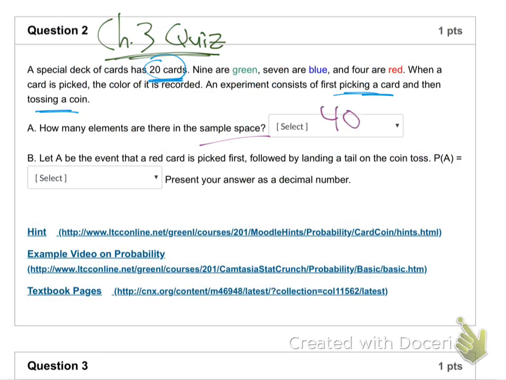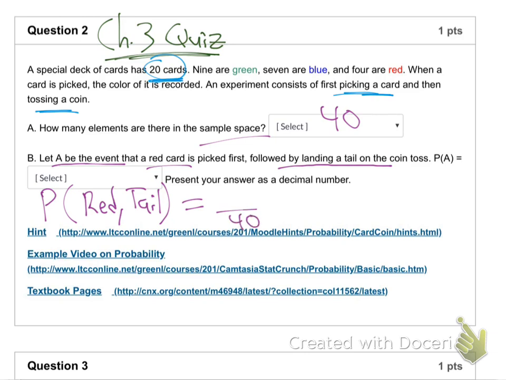40. Now let A be the event that a red card is picked first, followed by landing a tail. So they're saying, what's the probability of getting a red and then a tail? Well, remember, probability is always going to be something out of 40, isn't it? 40 different things can happen.